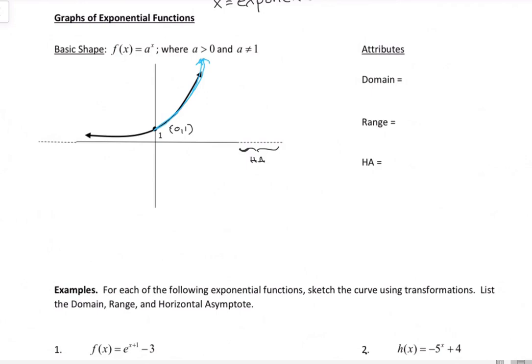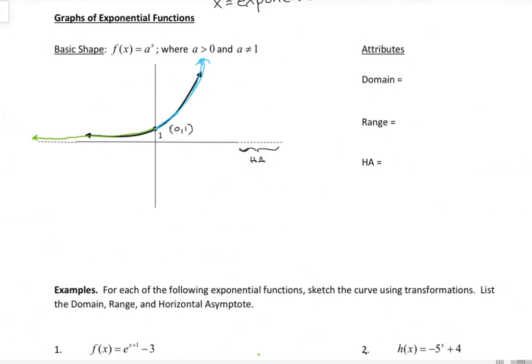And then on the left-hand side of my y-intercept, the curve flattens out. This curve is going to get closer and closer and closer to that horizontal asymptote, but it will never cross the horizontal asymptote or actually reach it.